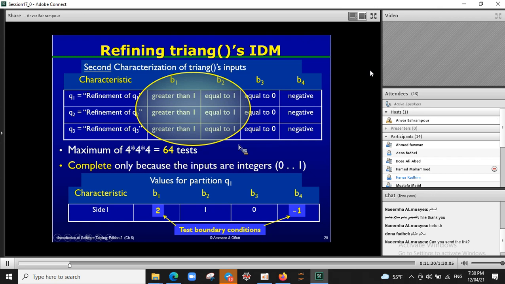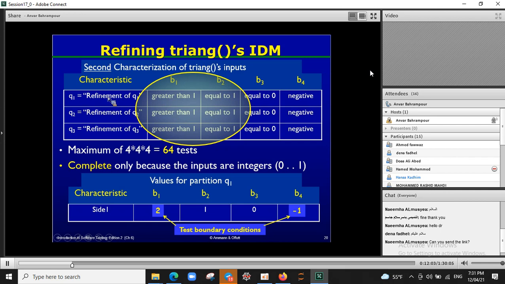The 2 properties should be hold for every partitioning is the disjointness and the completeness. This is complete for integer values. If the sides of our triangles could be only integers, this is complete. This is a complete partitioning.